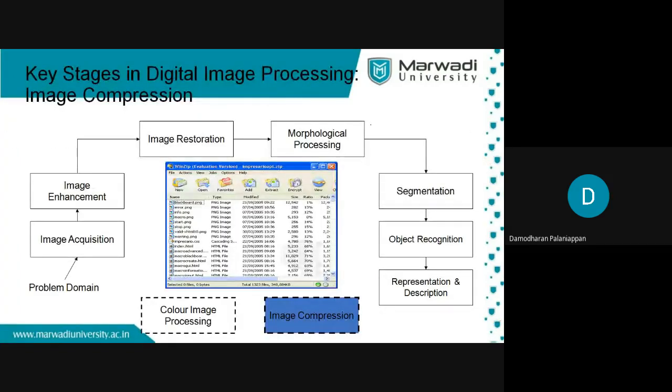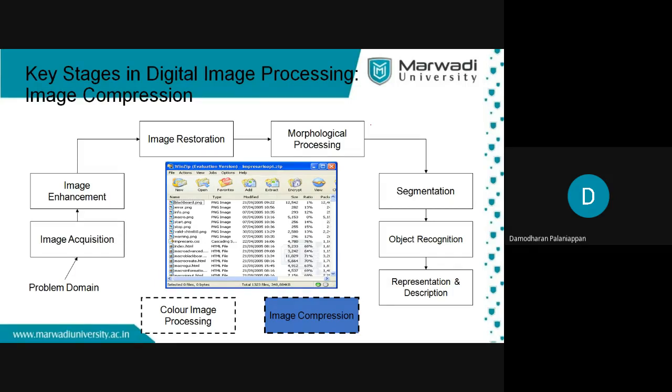Why should the image be compressed? Storing the image in a local system and processing the same image in the local system is fine. But if you store the image in a central server and I want to access that image from the remote server, the image will be transferred from one system to another through the internet.